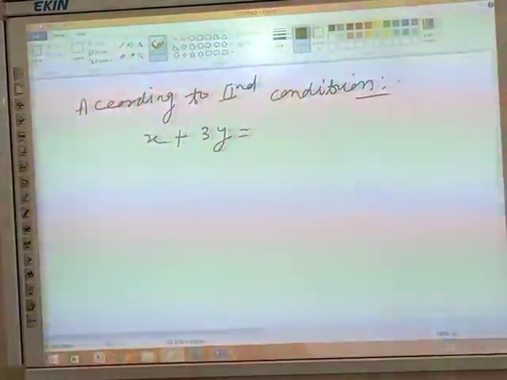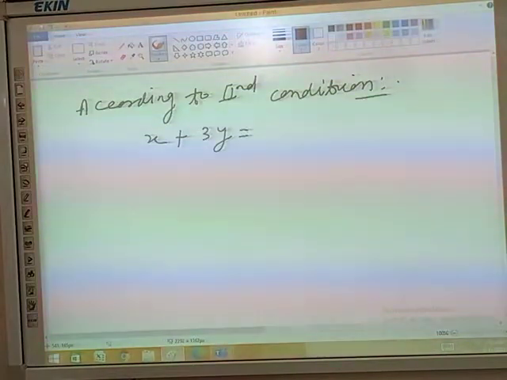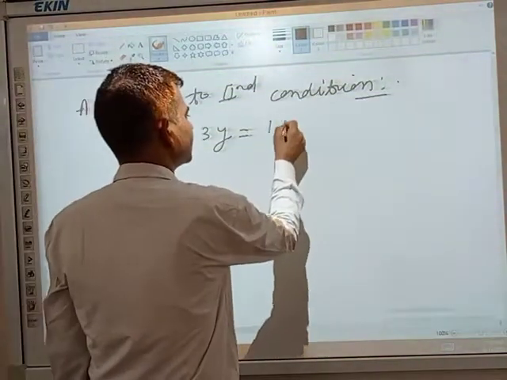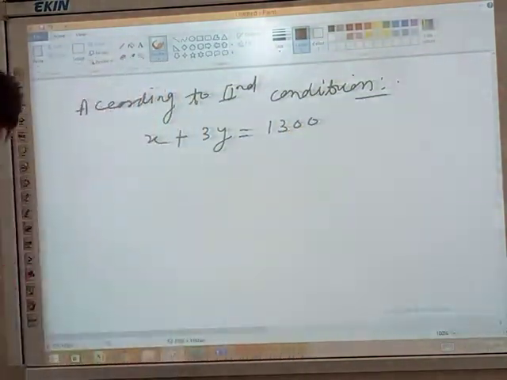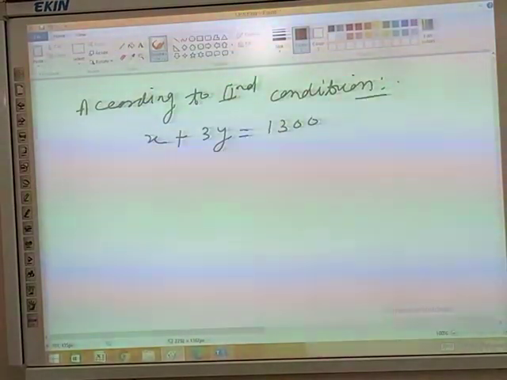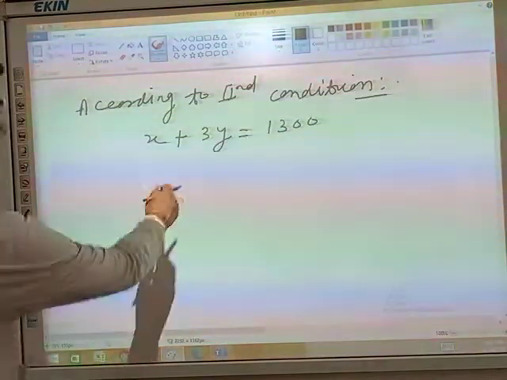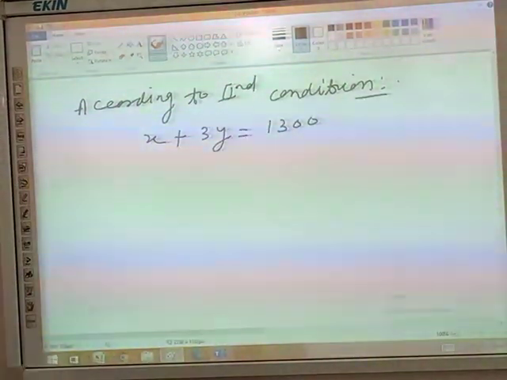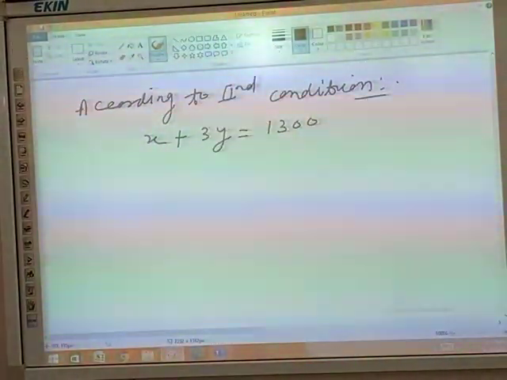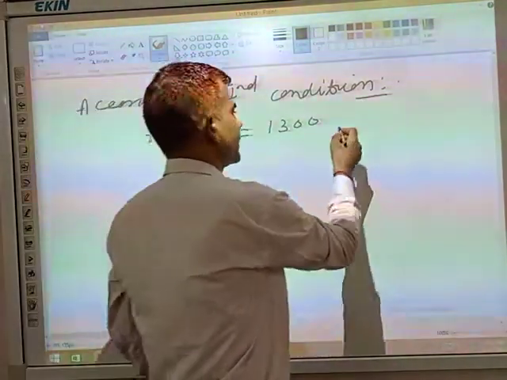The total cost is 1300. So x plus 3y is equal to 1300. This is your second equation.